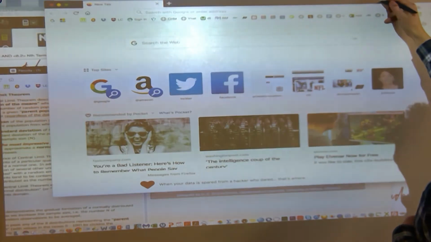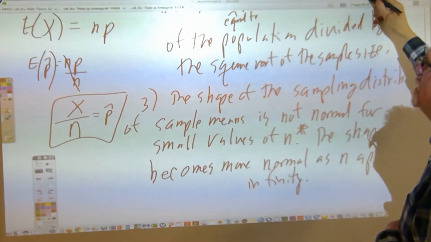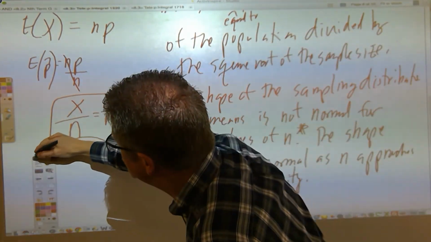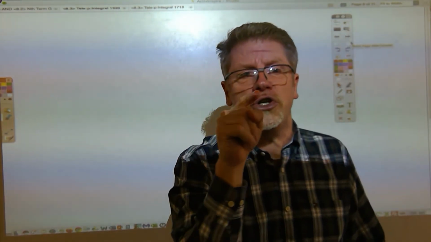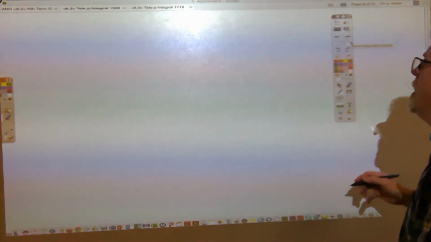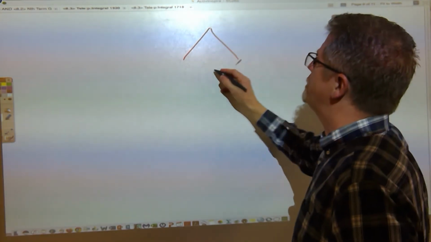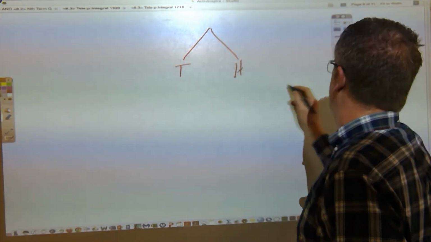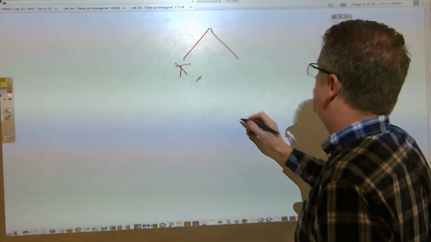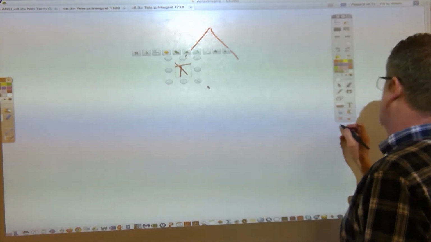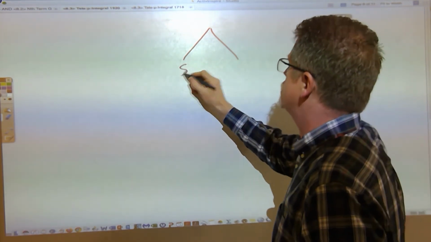It's a sort of thing where, if I were to imagine what's going to happen so I can get ready to do my air sketch, I'm going to ask you to do your air sketch pretty soon. But remember that the first person in this population is either tall or short. Let's do this: the first person's either short or tall.